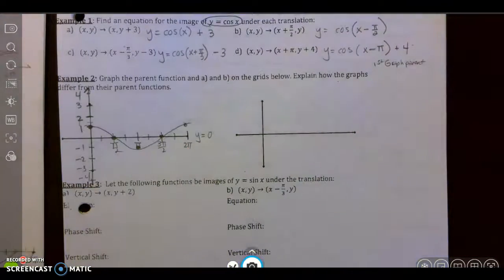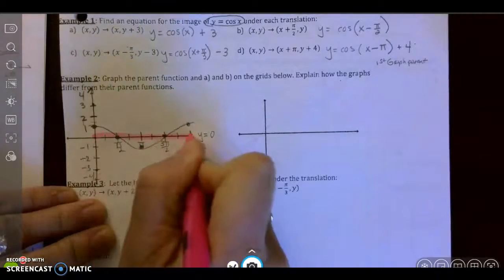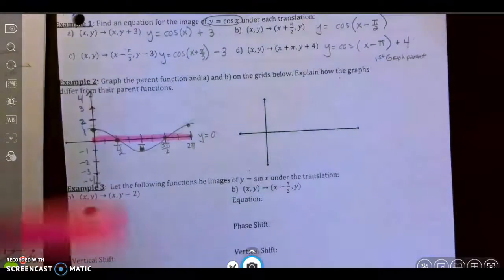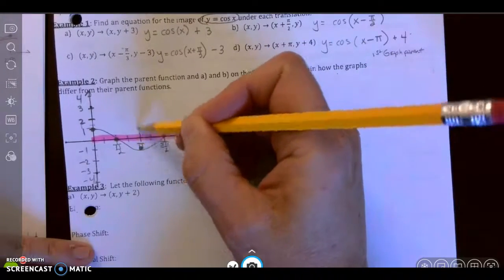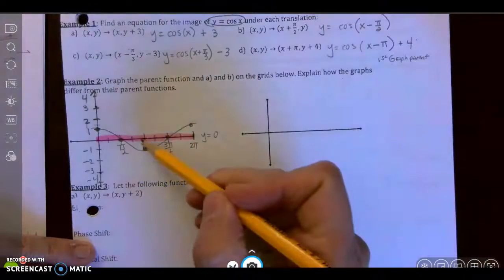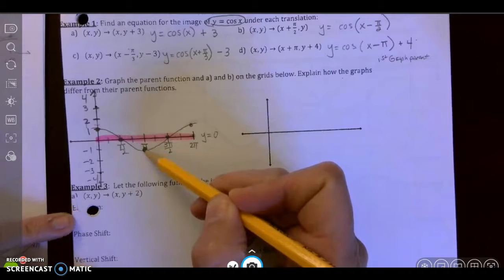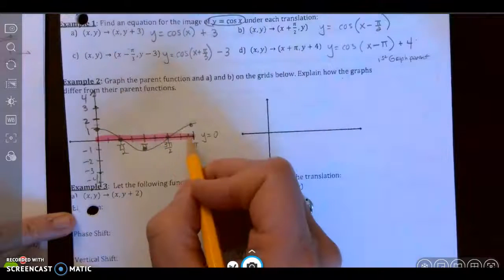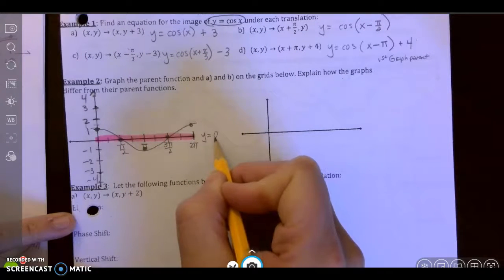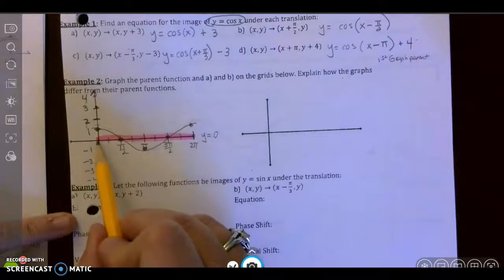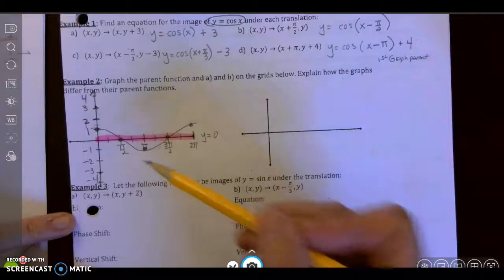If you look right here in the parent function, if that's the axis, it goes up 1 and down 1 from the axis. So the distance above and below the axis should be the same. Right? So we know that the axis for the original is at y equals 0. We call it the axis because it's the axis where the distance above and below is the same.